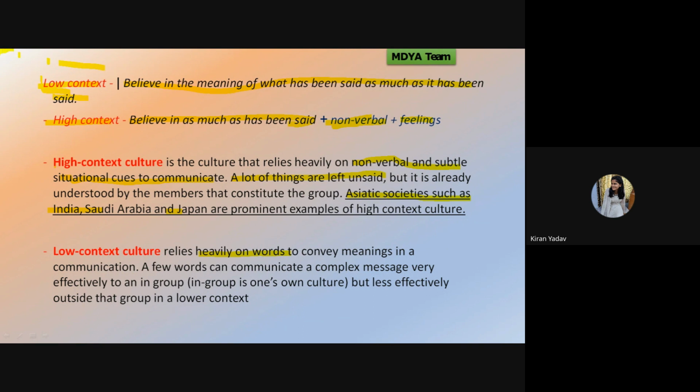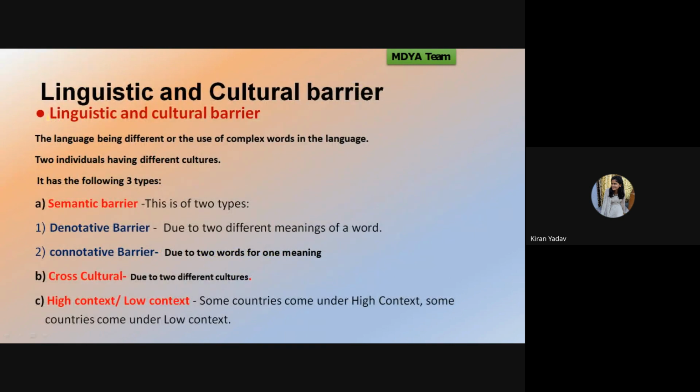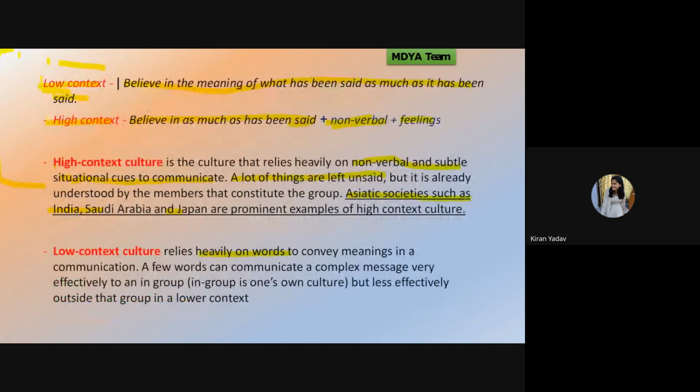So these are low context and high context culture. If you have any problem or have not understood, you can ask again. Clear? Yes, ma'am.